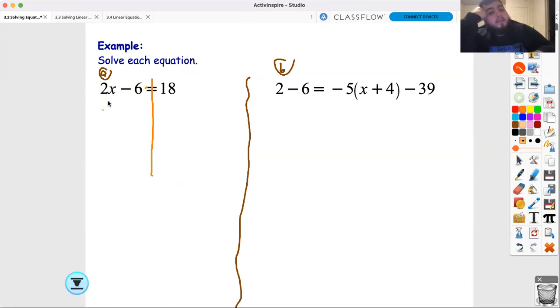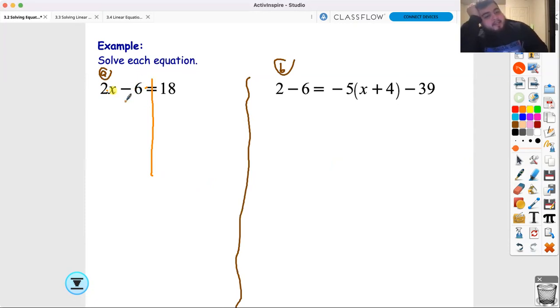So we have to manipulate this to get x alone. Now, the key ingredient we need to remember is we want to get down to x equals something. That's what we want to do. Now, before we can touch the 2x, these two are stuck together. They're being multiplied. So I have to move this -6 first.